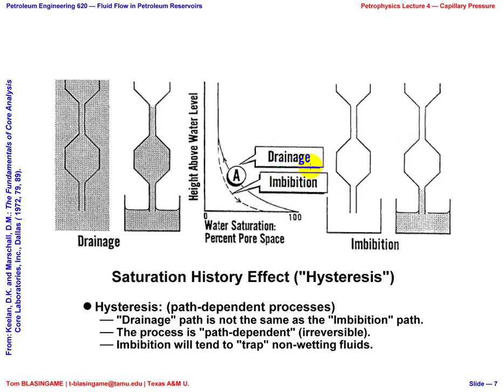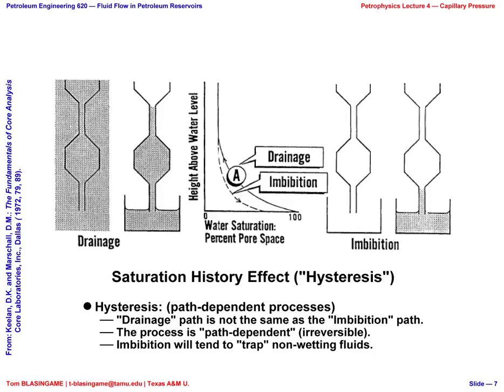And what happens is during drainage, when we're reducing the wetting phase saturation, the path is this way. But when we're increasing the wetting phase saturation, the path is that way. Does everybody understand? There's a path dependency. We're having a big talk tonight about the realities of the situation. We have path dependency in our process, right? And then we promptly ignore it.